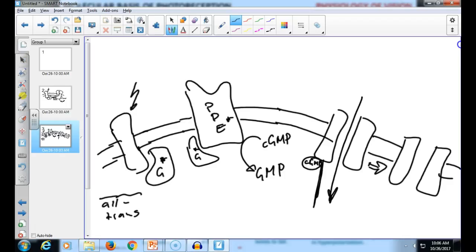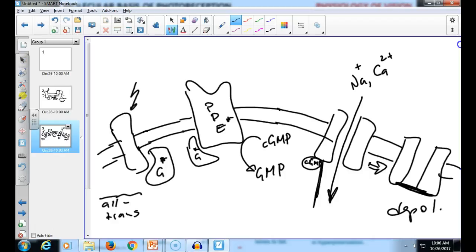What goes through that channel? Sodium and calcium, right? So it's a semi-selective channel. It allows sodium and calcium, but not potassium. Does that make sense? When cGMP is gone, what happens to the channel? It closes. So there is no flow of positively charged ions into the cell, and the cell depolarizes.